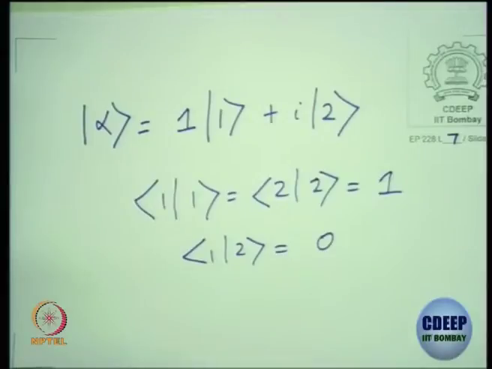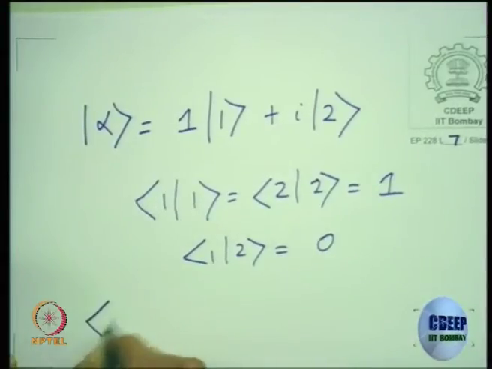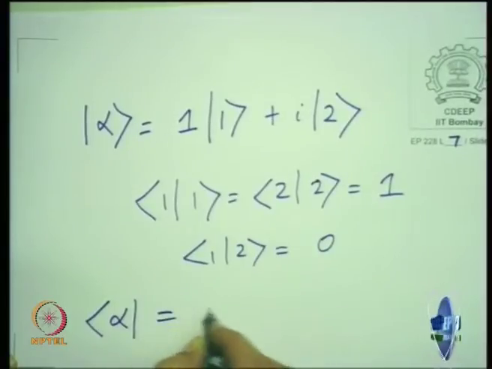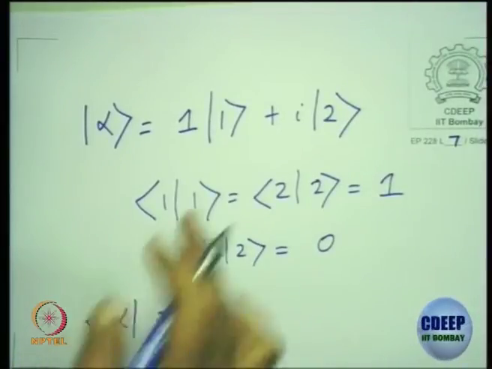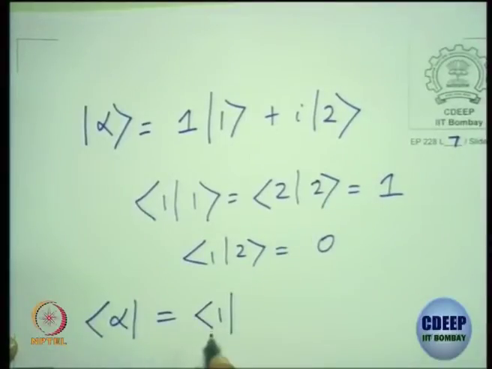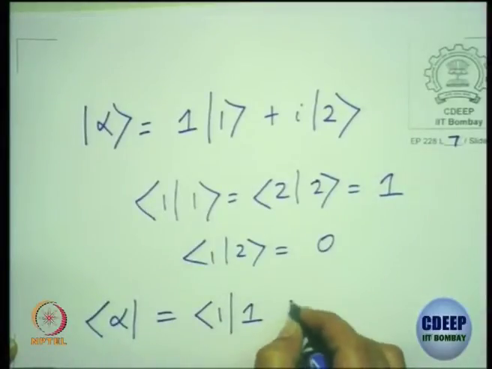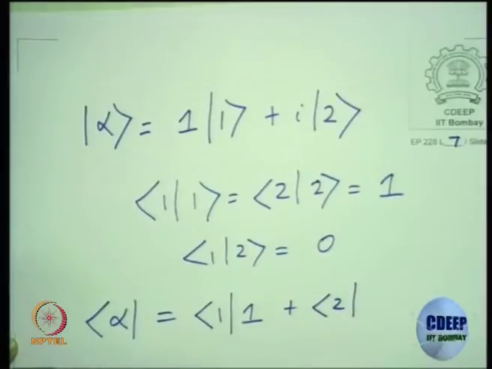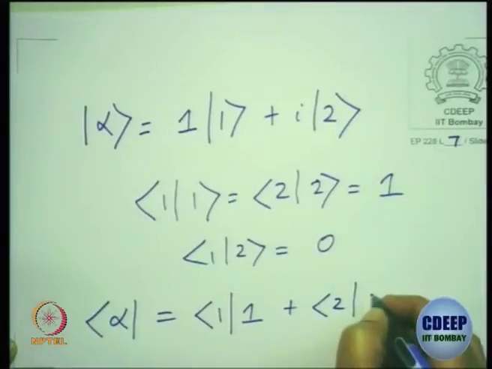What is the dual vector to the alpha vector? So, alpha, what is it? You can write this as |1> with the coefficient 1, and then |2> with the coefficient i star, which is minus i.